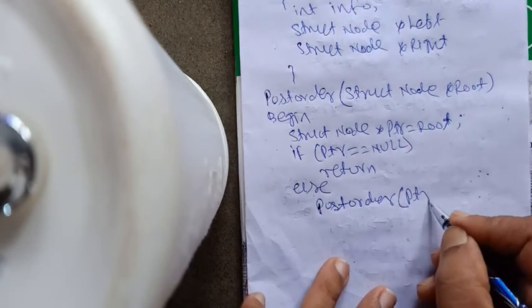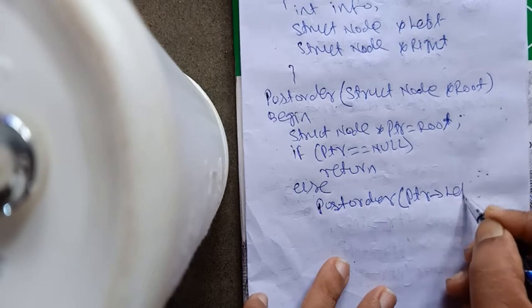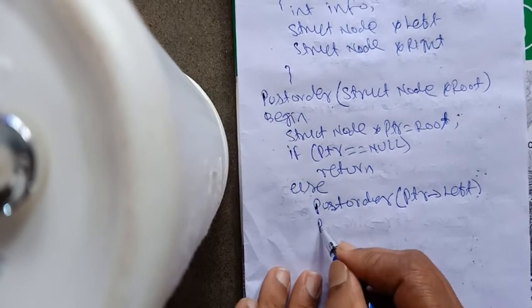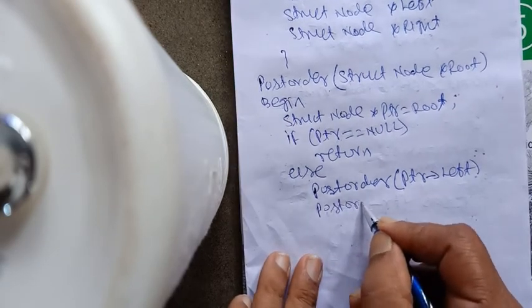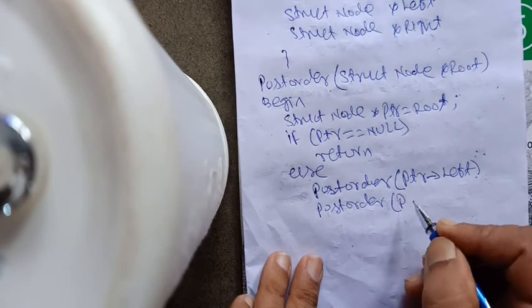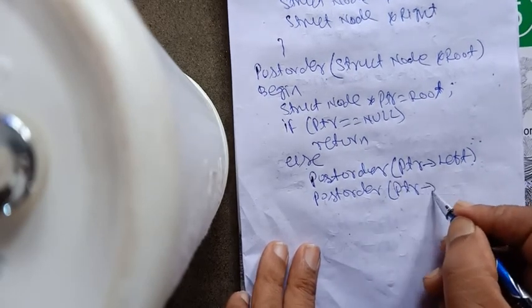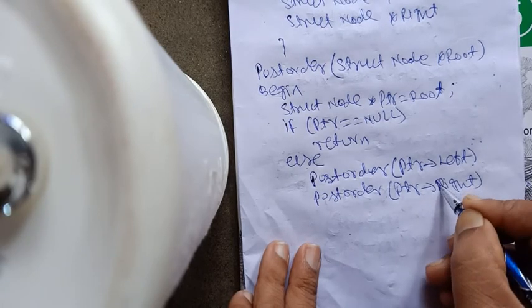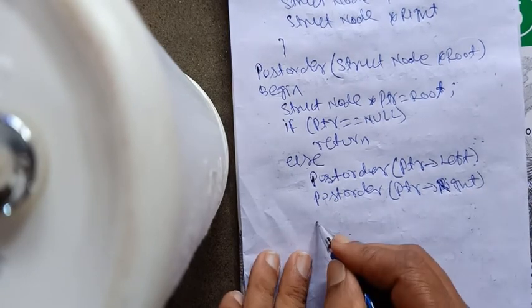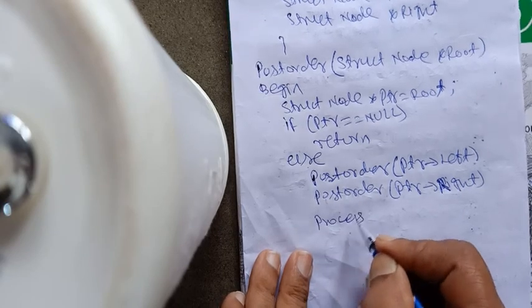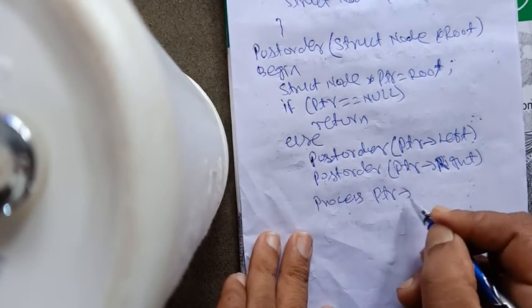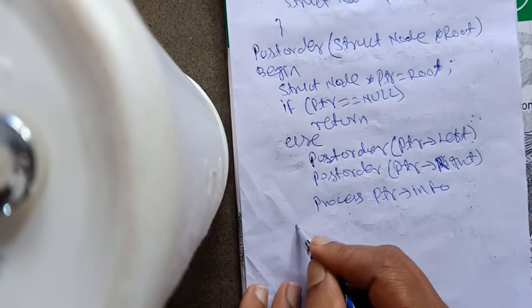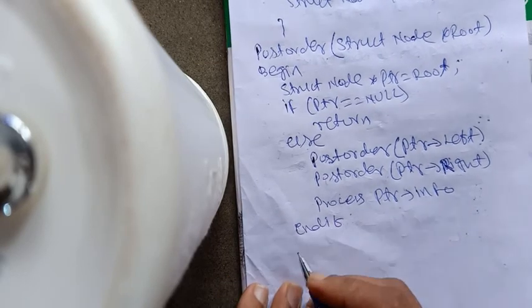I can write ptr of left, then I will call postorder with the right child address, so ptr of right, then I will process ptr of info. Okay guys, end it.